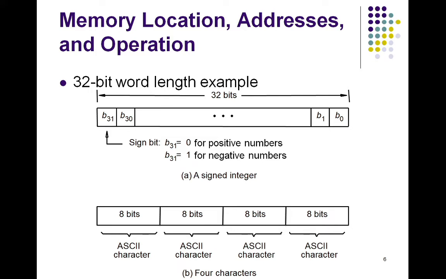So a single word is of 4 bytes in the case of a 32-bit computer. Each word consists of a total of 4 bytes, where each byte is of 8 bits.